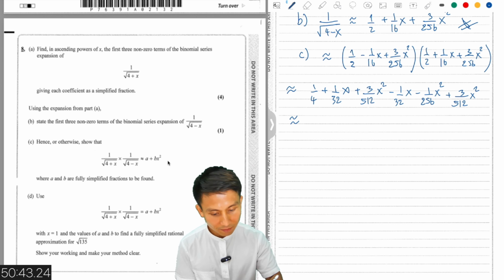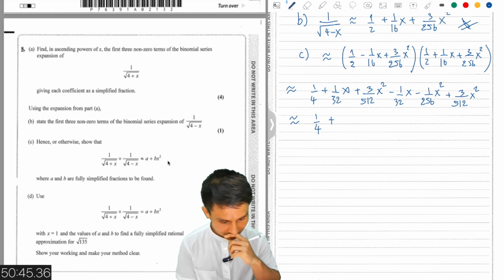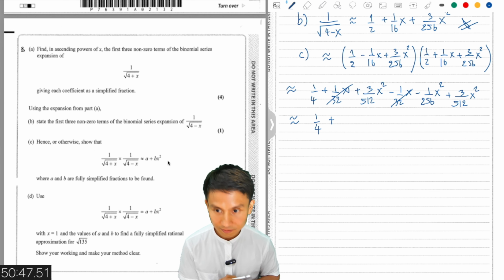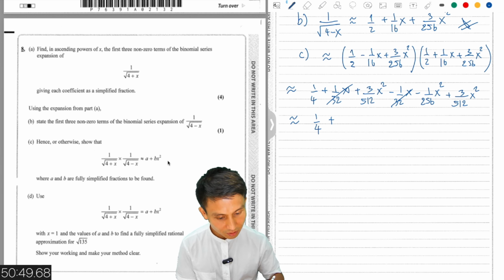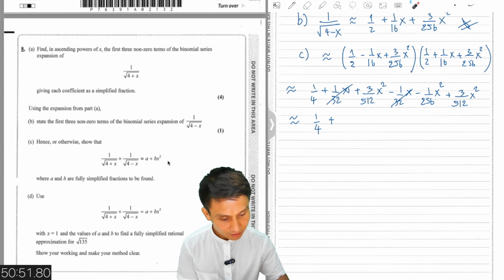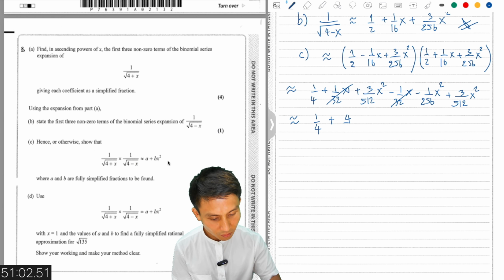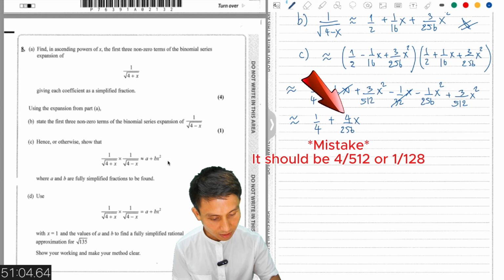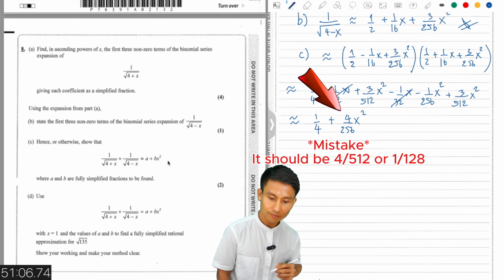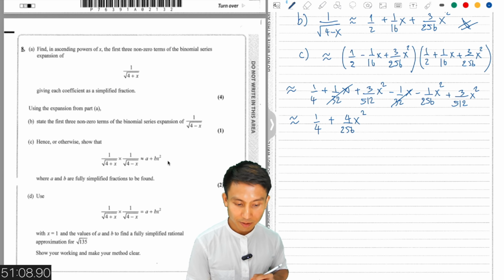And we're going to simplify all this. So the first term remains the same. The second term, well, that cancels that, isn't it? Okay, so we have what here? This is basically 2 over 512, right? So we have 3 and 3 here, so that's 6. And this is minus 2, so 4 over 256 x squared. Am I happy with that?